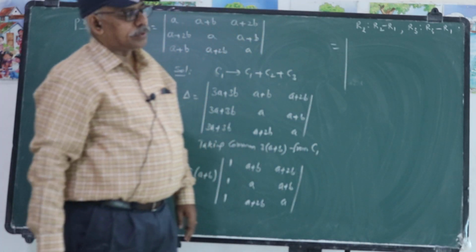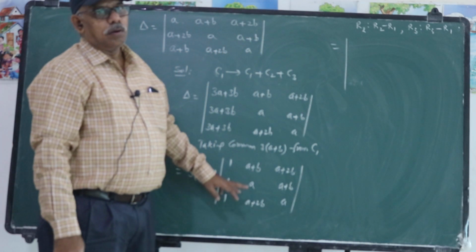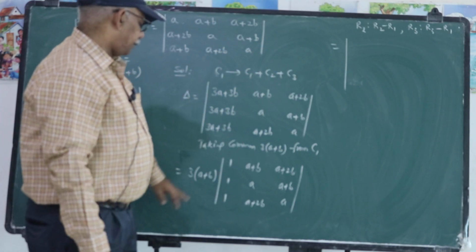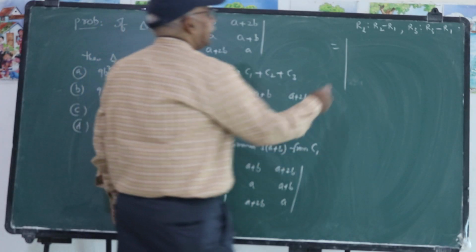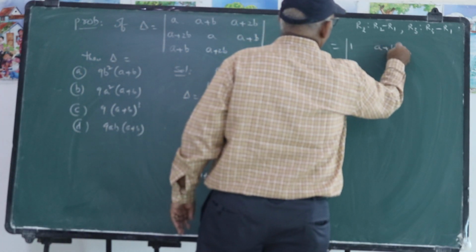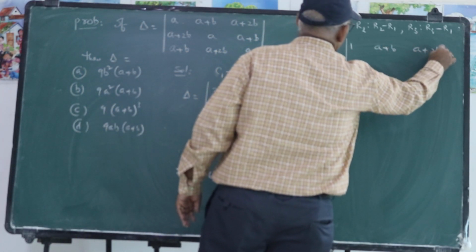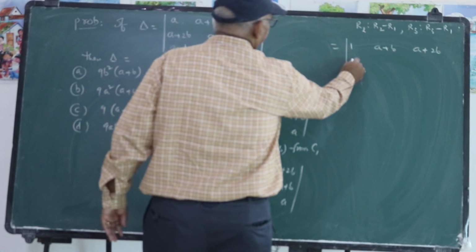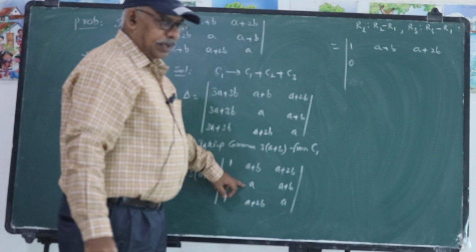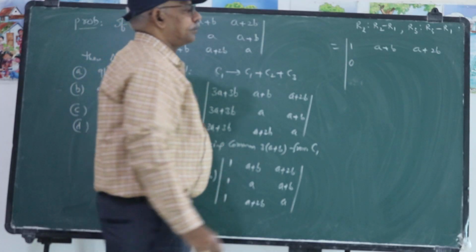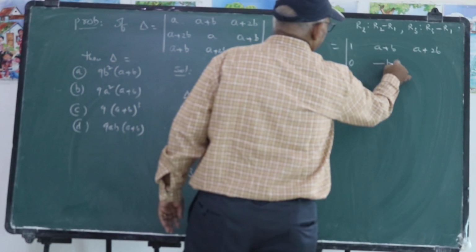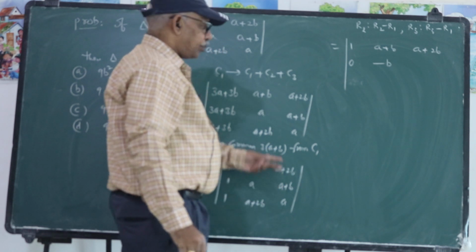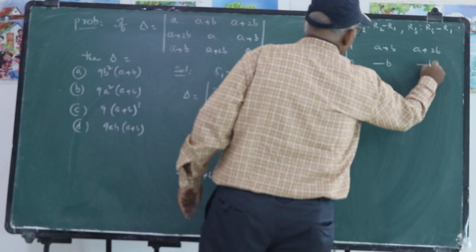So that we get 1, a plus b, a plus 2b. Coming to R2, 1 minus 1, 0. A minus b, that gives us minus b here. A plus b minus a minus 2b, that gives us minus b.